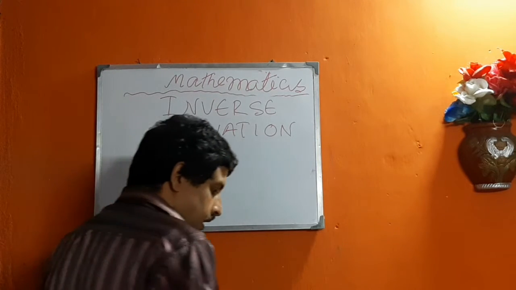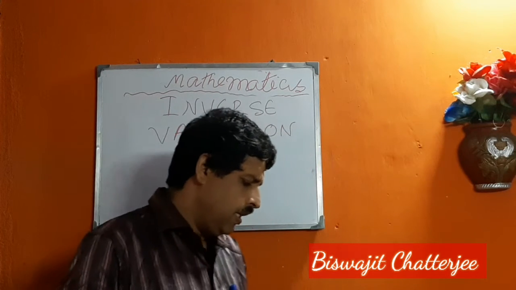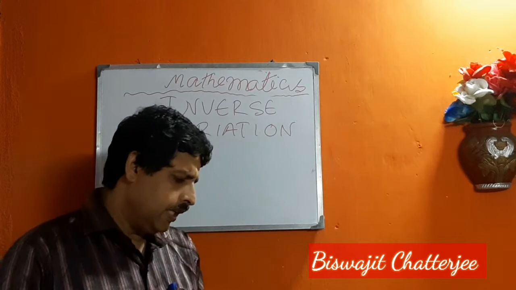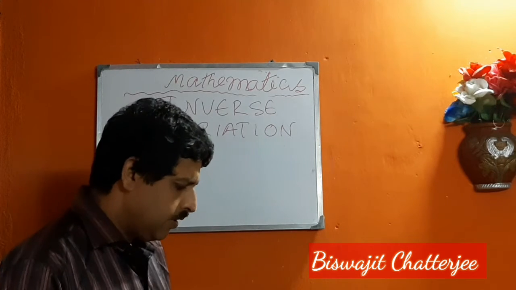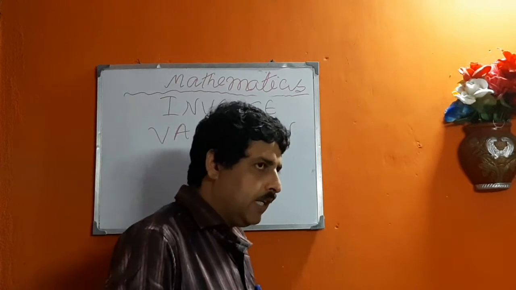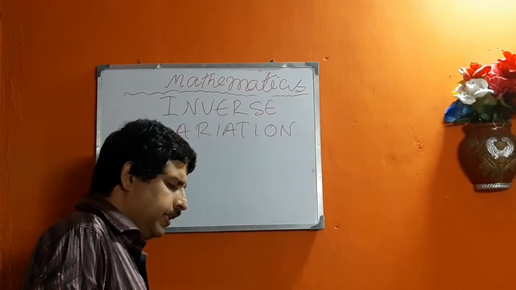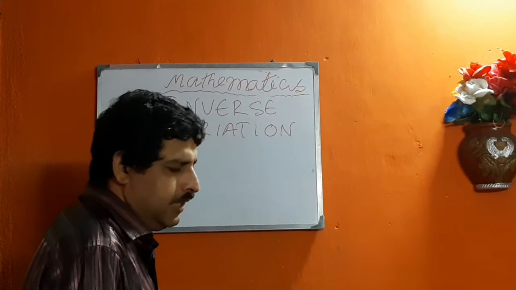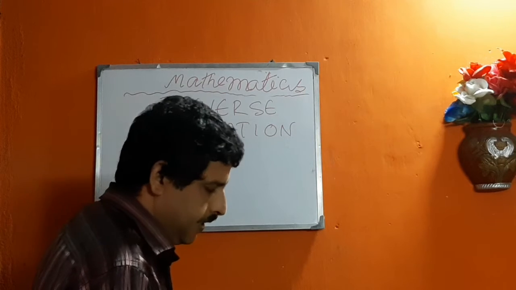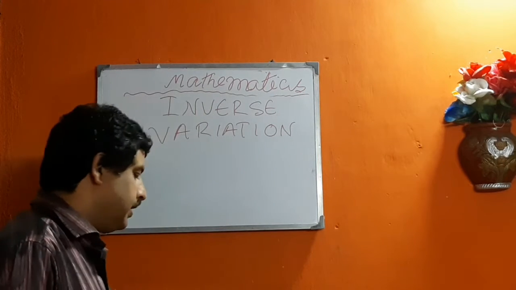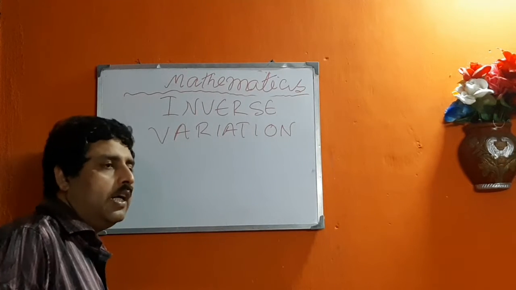Two quantities are said to be in inverse variation if one of them varies with another in such a way that if one quantity increases, it causes a decrease in the other. Similarly, if one quantity decreases, it causes an increase in the other.